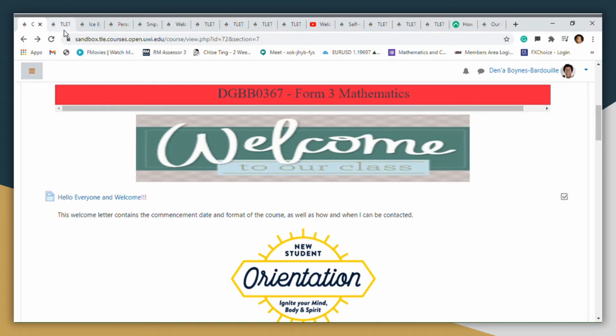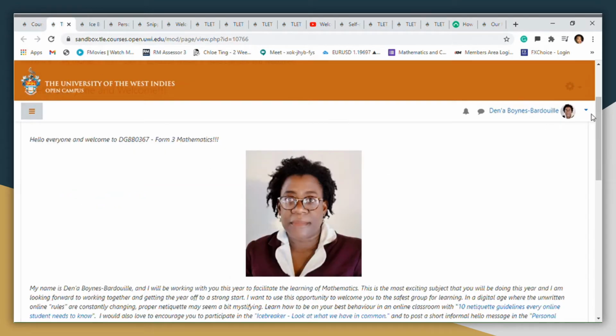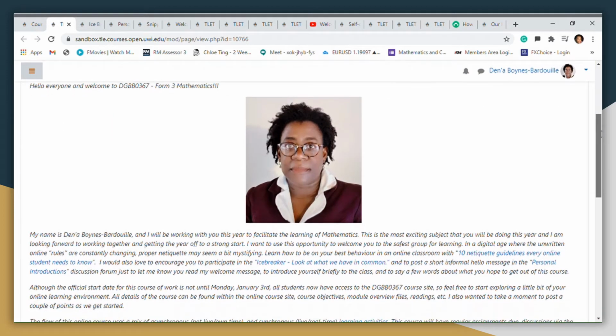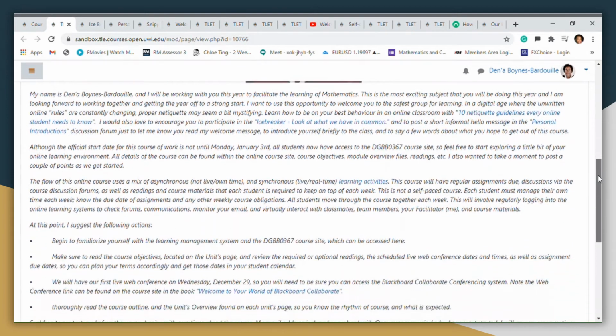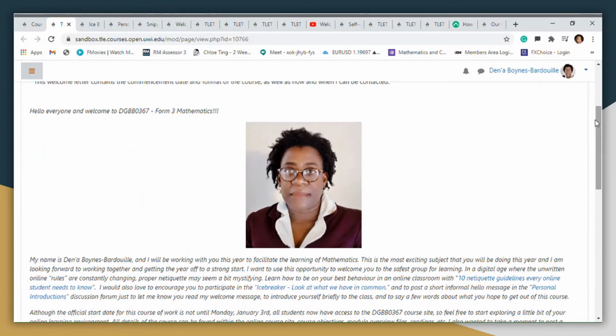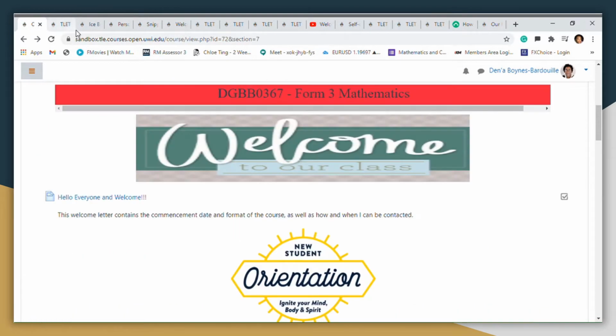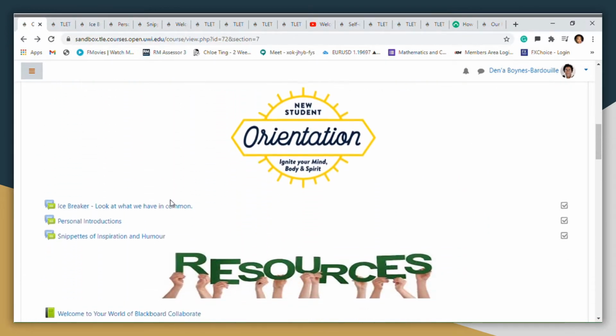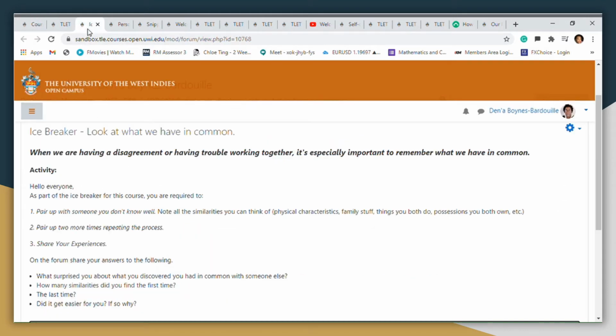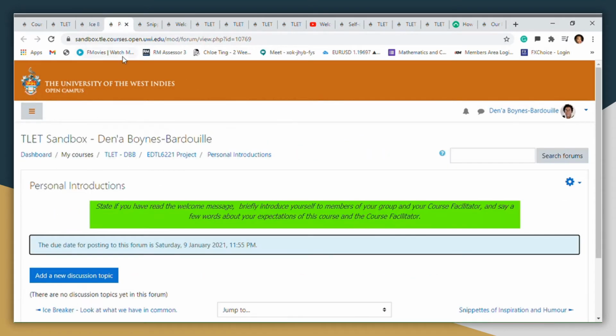There are things that are mandatory in creating a comfortable and inviting working environment from the onset. It is for this reason that at the beginning of the year, there is a welcome letter outlining important information, some orientation activities to foster community spirit, guidelines on netiquette, and resources needed to be able to function efficiently on the platform.